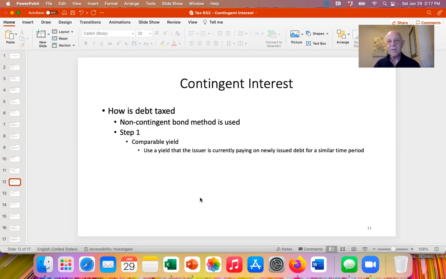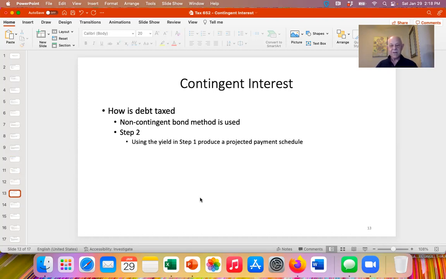So what's the comparable yield? We just ask the issuer, if this is a 5-year instrument, what interest rate would you have paid on a 5-year instrument? That's the interest rate we're going to use. We're then going to take the 5% interest and compound it on a semi-annual basis, and we're going to come out with a projected payment schedule.